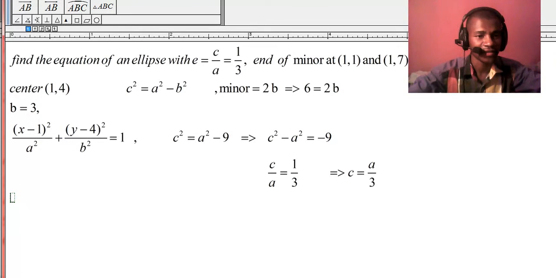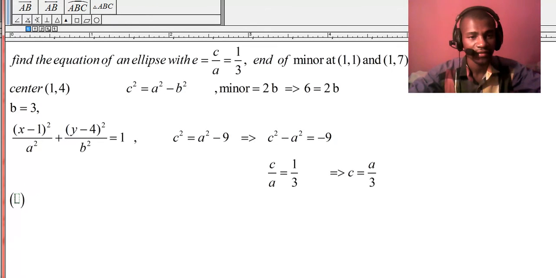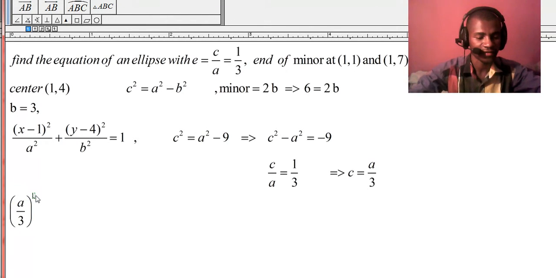So we get A over 3, and then this all squared, then minus A, which is also squared, is equals to minus 9.